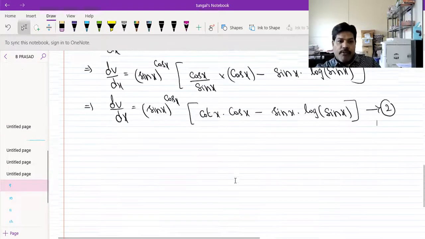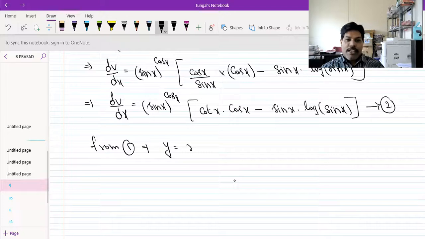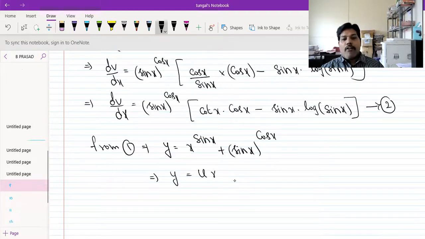So therefore, from equation 1, what is the y value, students? y is equal to x power sin x plus sin x power cos x. This is the y value. So automatically this y value will become u of x plus v of x.